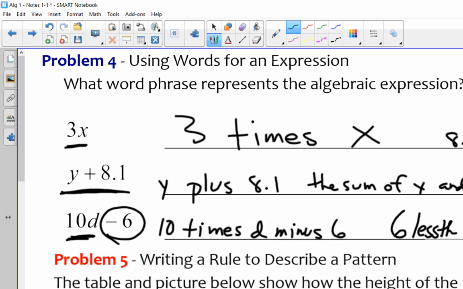And I'm going to use the word product. Product means the answer to multiplication. 6 less than the product of 10 and a number d. Now, I said the number d. d is a variable, but remember I can put numbers in for the variable d, so that's why I use that term. Either way, those would be okay.